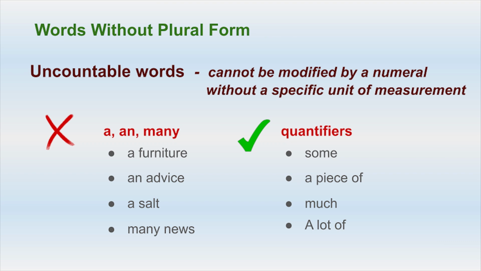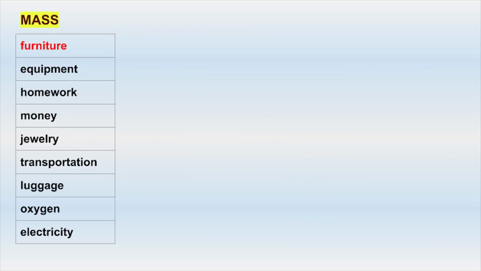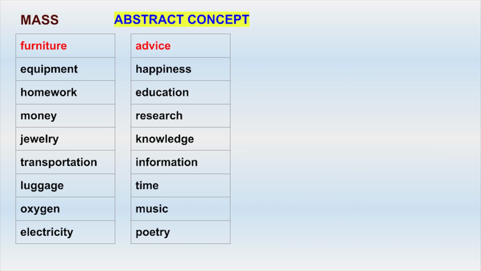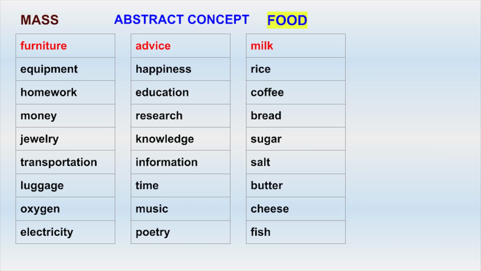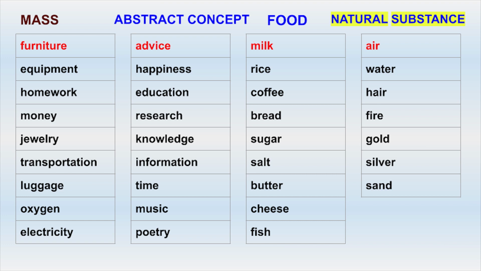In English, these uncountable words that do not have a plural form are grouped into categories. Here are 4 of the most common categories used: mass, abstract concept, food, and natural substance.